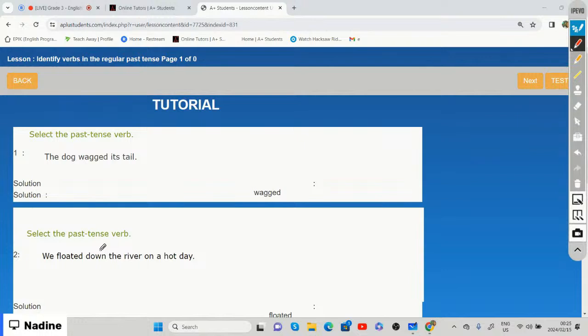And if we choose the correct past tense verb, we can say that floated, because we float down the river on a day. But yesterday we floated down the river on a hot day. So well done. Floated is correct.